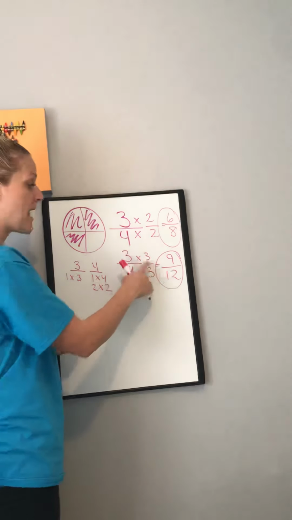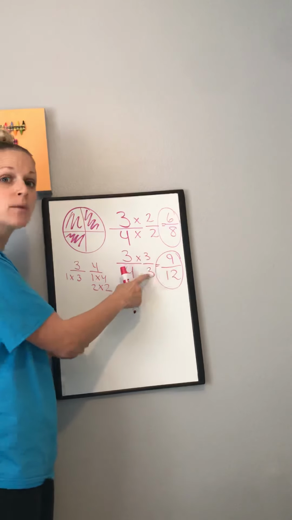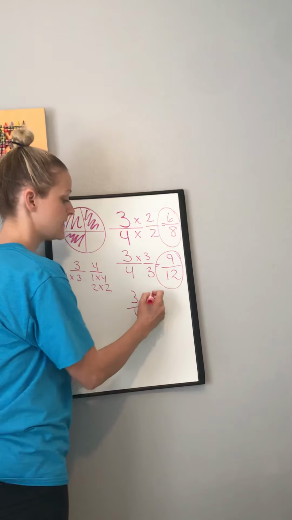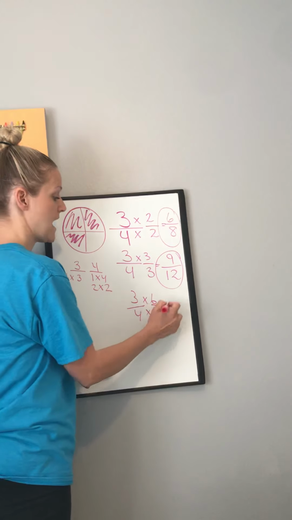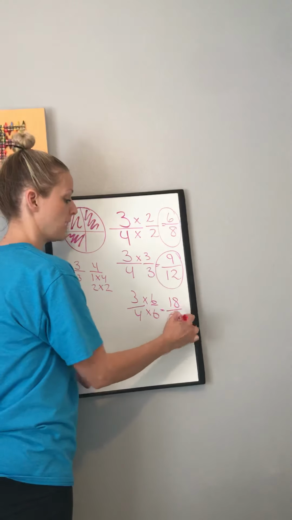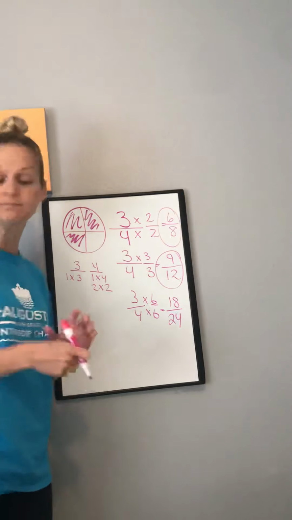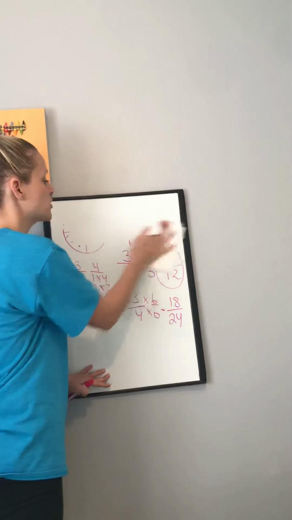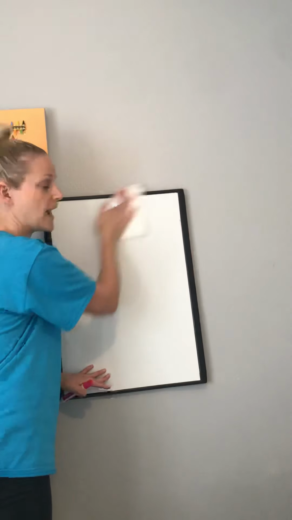Okay, and you can multiply by any number as long as the top number and the bottom number are the same. I could take 3/4 and multiply it by 6/6. And that is still going to give me an equivalent fraction. Okay? There is a question on your quiz where you have to find an equivalent fraction, but you're not going to use multiplication, you're going to use division.